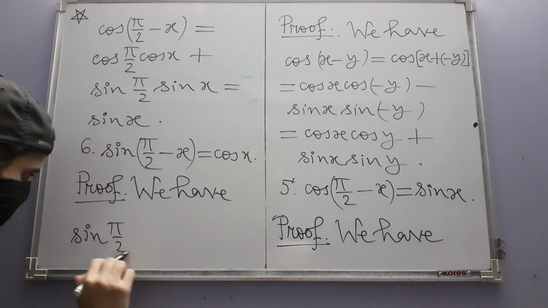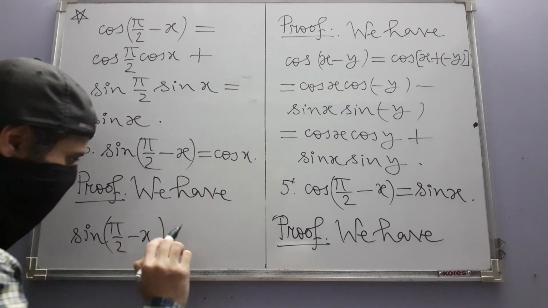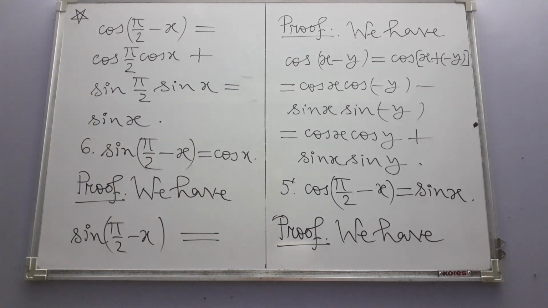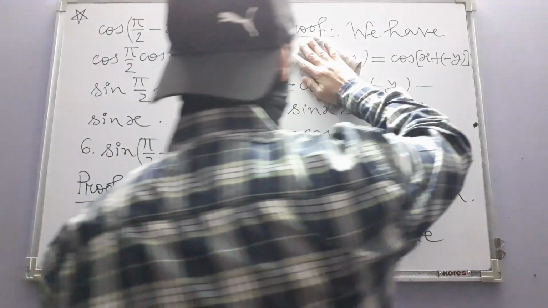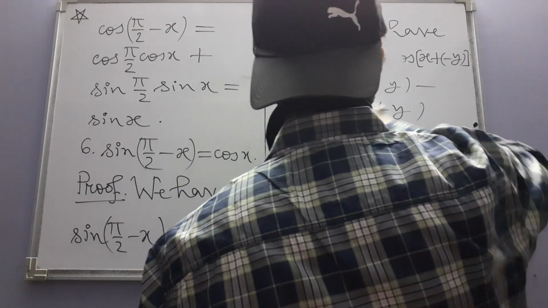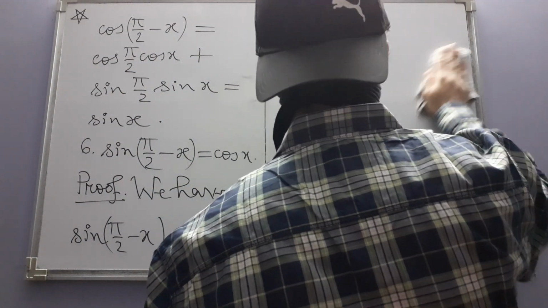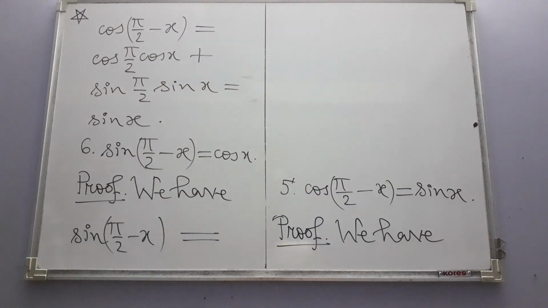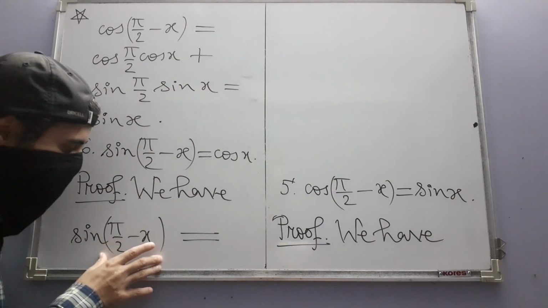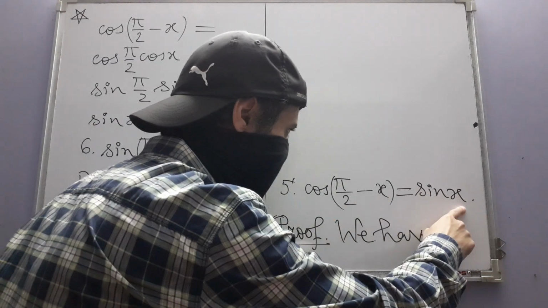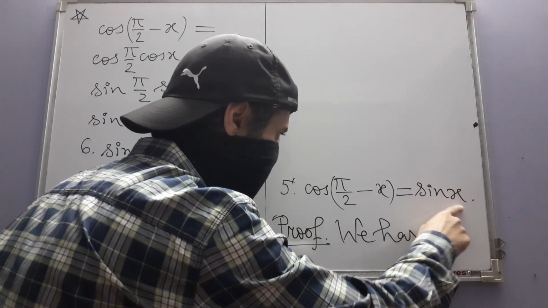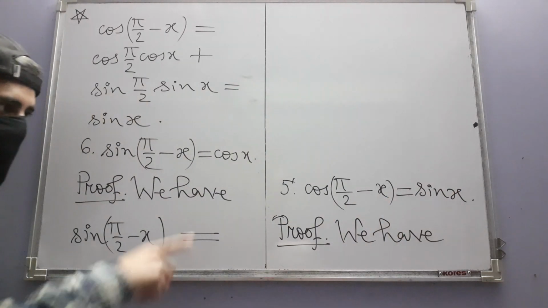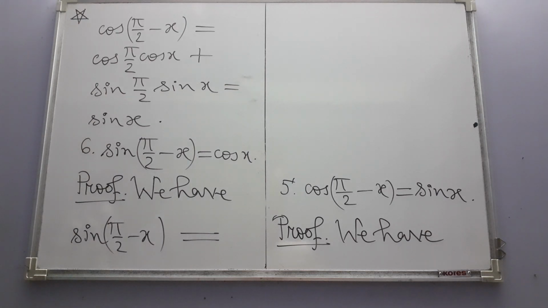Sine of pi over 2 minus x is equal to, so think of this here, then that same thing should appear here now if I write cos and use the fifth formula.